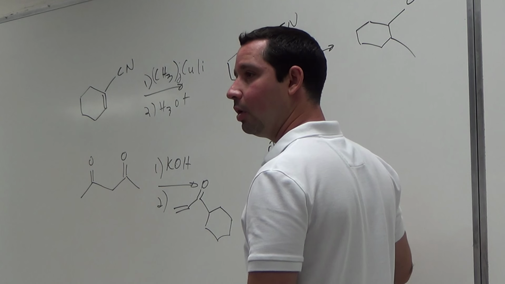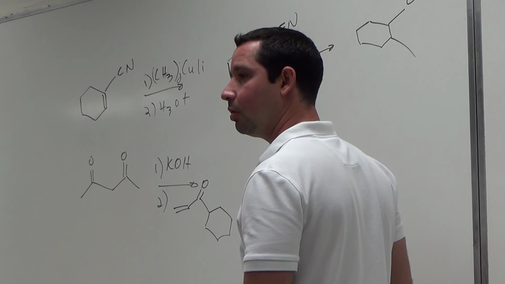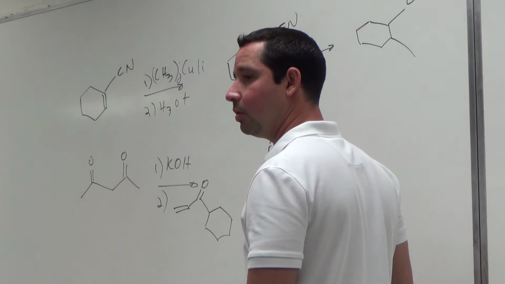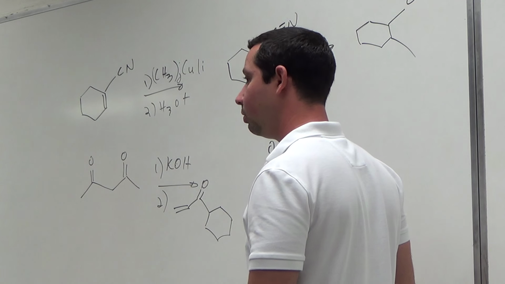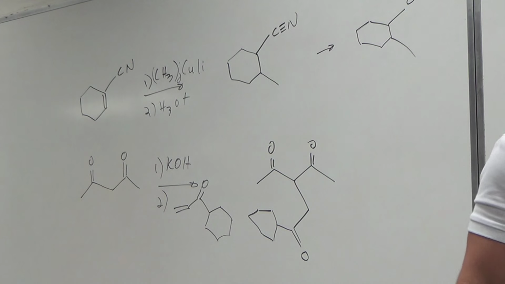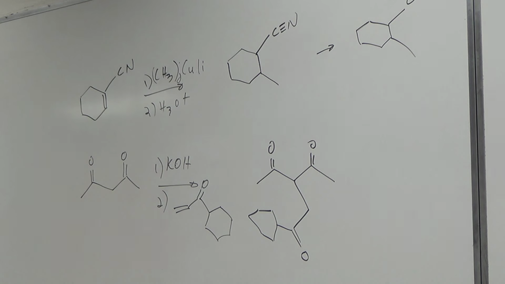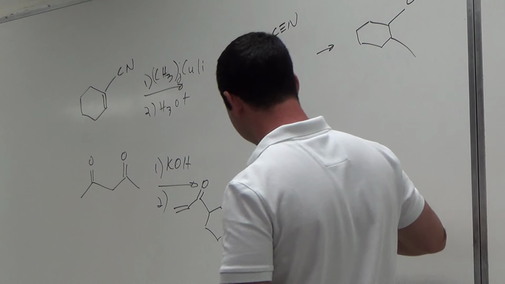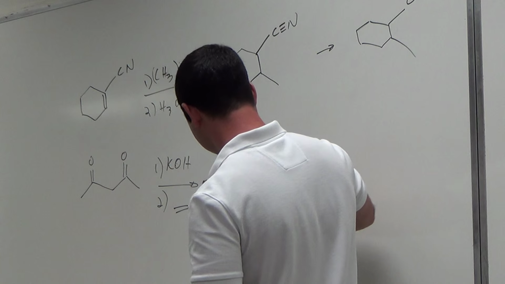Am I missing one? How many carbons does that have? Two. The bottom one? 3. Yeah, you need one more.